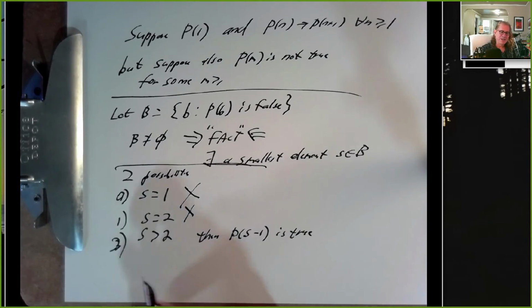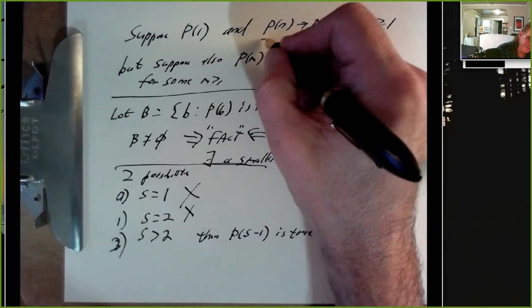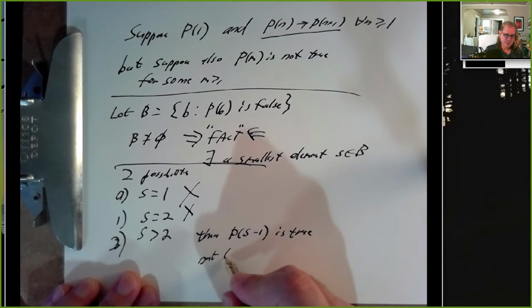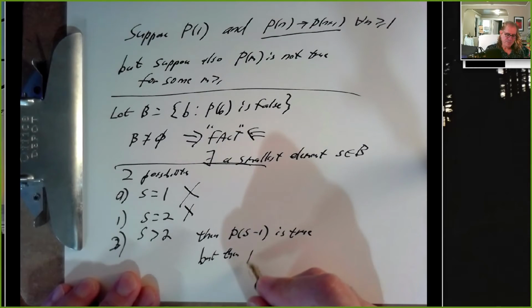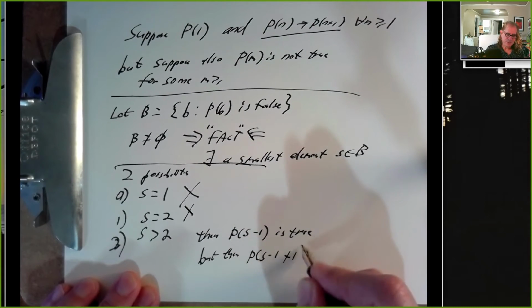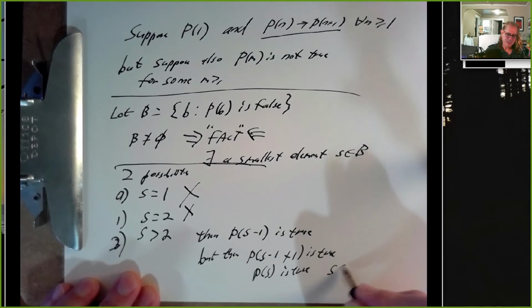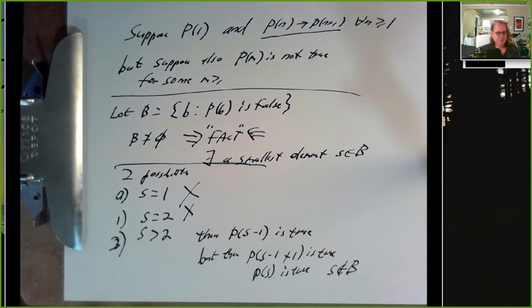And it's a positive integer, so P of S minus 1 is true. But now we know from this statement that if P of S minus 1 is true, then P of S minus 1 plus 1 is also true, which means P of S is true, which means S is not in the bad set. And that's a contradiction, because S was in the bad set. In particular, it was the smallest element.